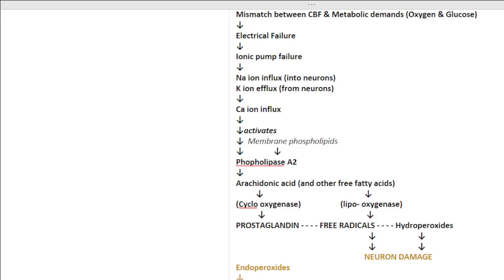What will thromboxane do? Thromboxane A2 is a potent vasoconstrictor and platelet aggregator.